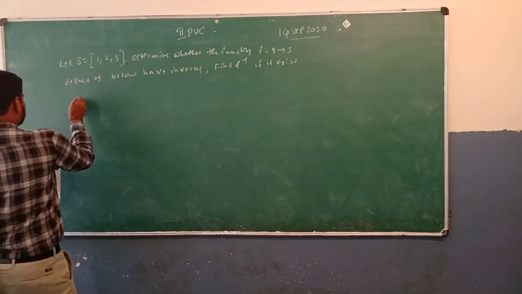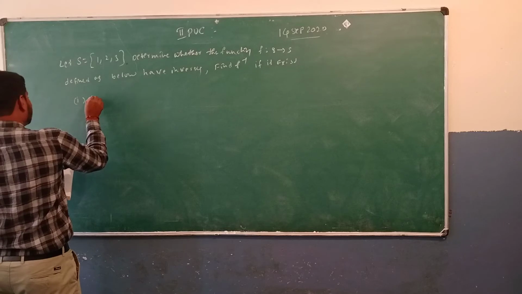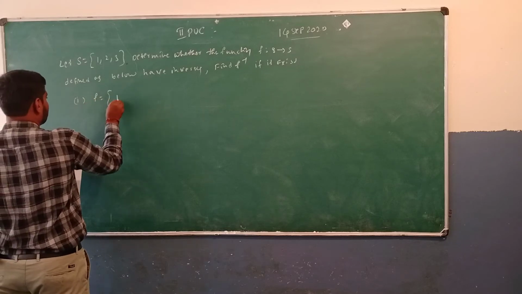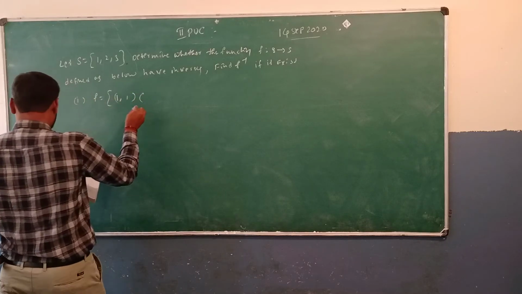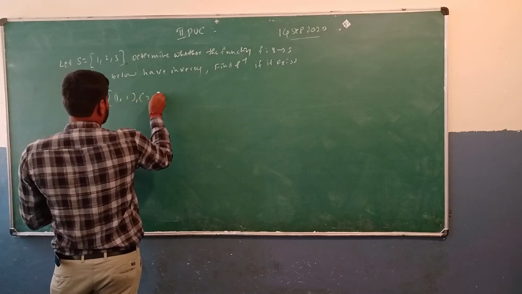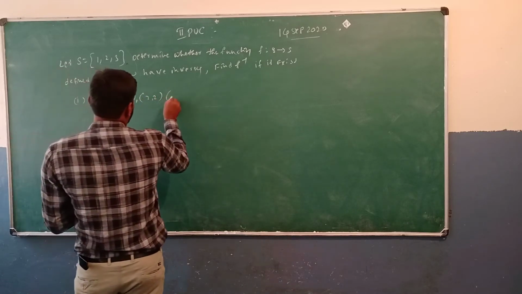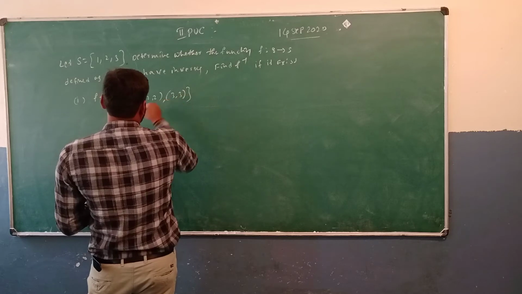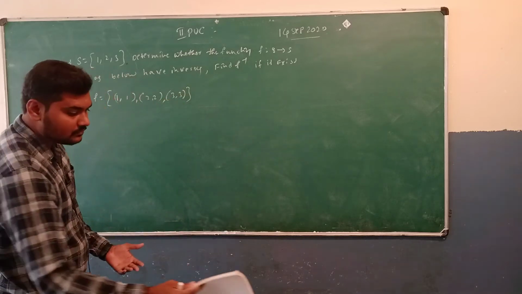The first one is f equal to (1,1), (2,2), (3,3). So that's the first problem.